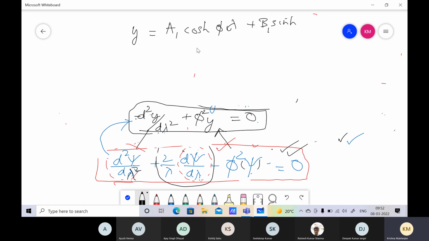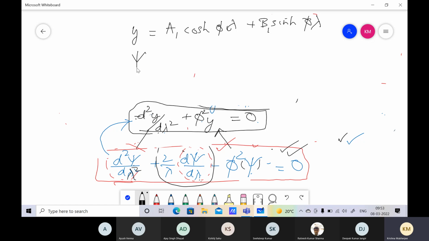If it was minus, it would be cos and sine. If it is plus, it is cos hyperbolic and sine hyperbolic, right? Okay. And y is what?